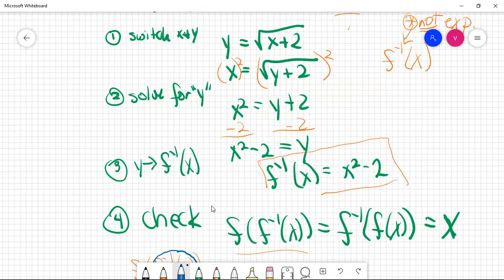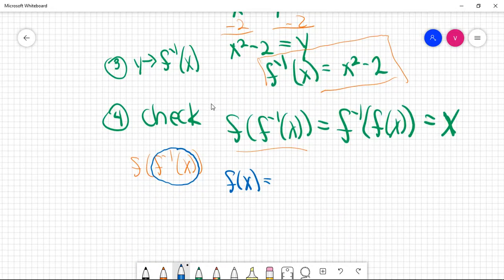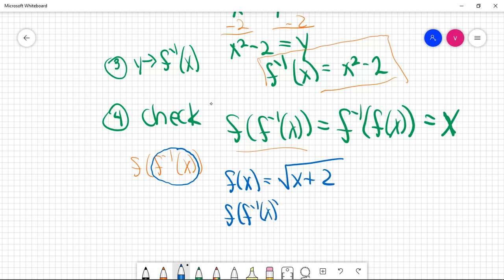Square root of x plus 2. So we're going to take that and stick it into the input of that x right there.